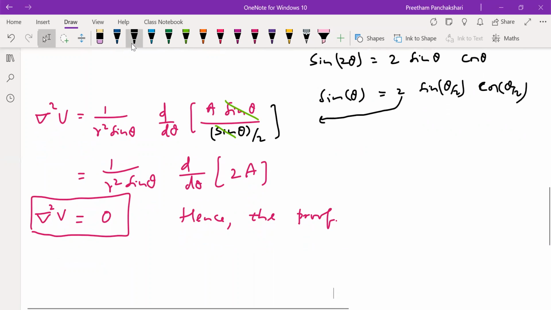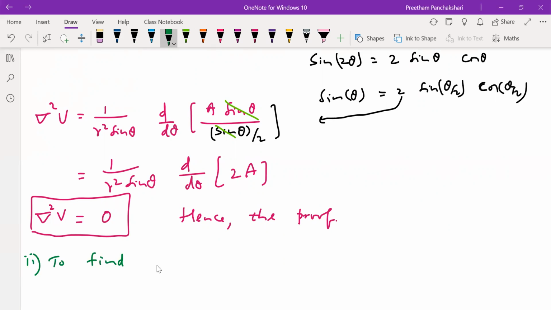Then the next step, we have to find A and B. Part 2 demands the calculation of A and B for the two given values.